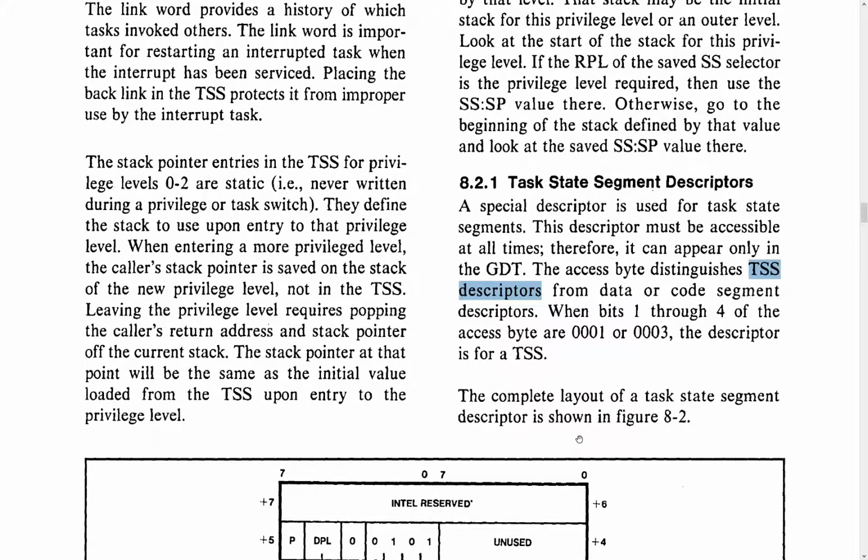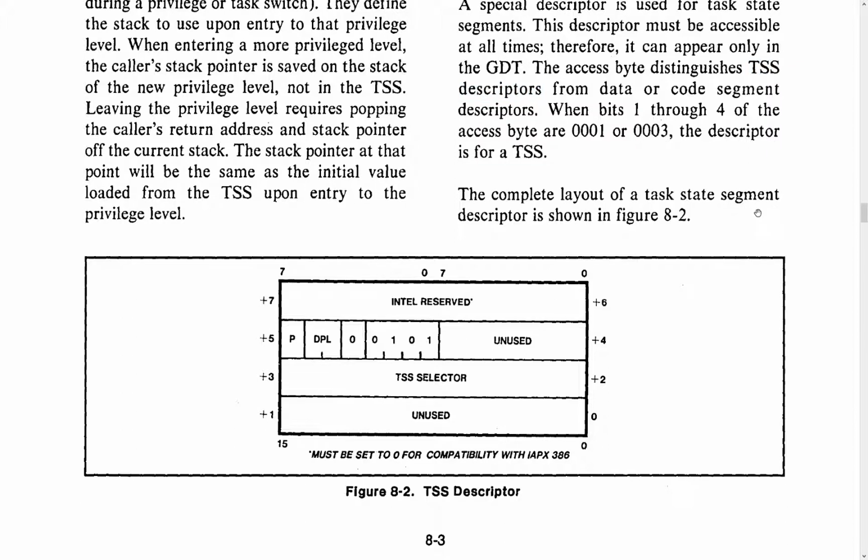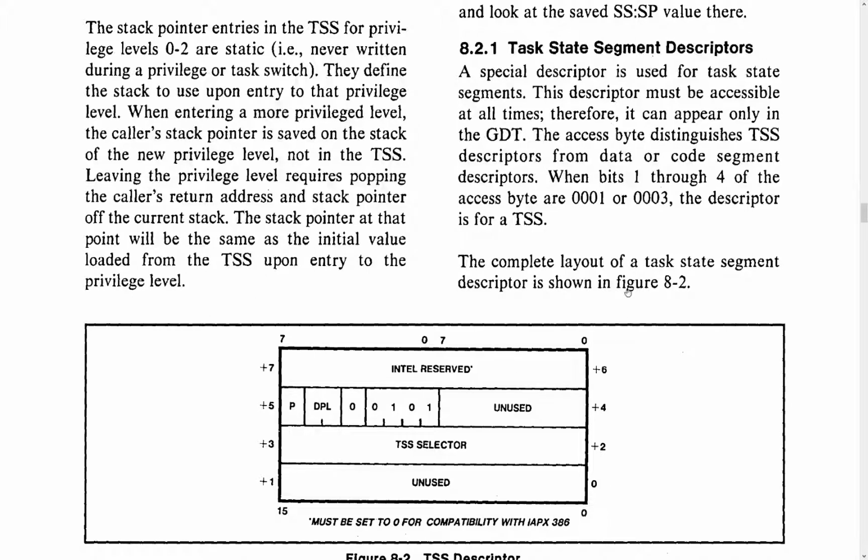So let's first take a look here. I noticed that this is in fact a task gate, not a TSS descriptor. So I started setting up the descriptor according to this text, which should be more accurate.